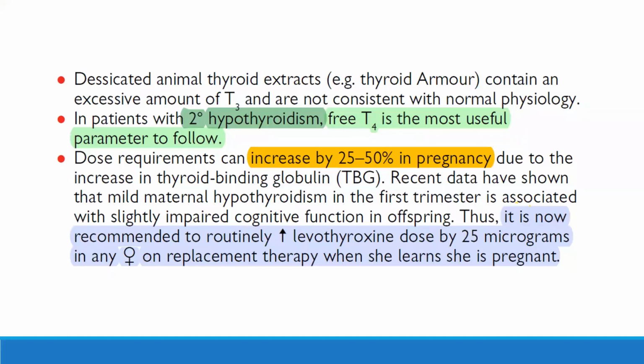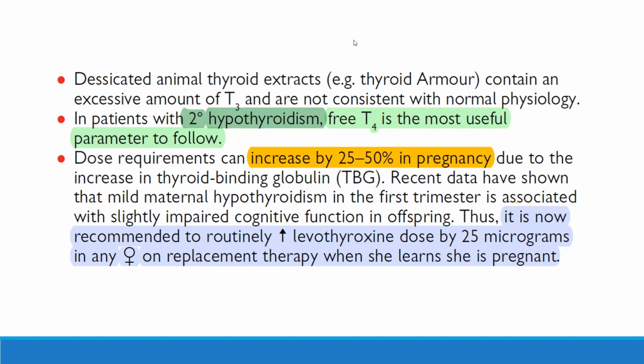The dose requirement can increase by 25 to 50% in pregnancy, and this is very important. Once a female on a stable dose of levothyroxine gets pregnant, we should increase the dosage by 25 to 50 microgram when she learns she is pregnant, and this is very important.